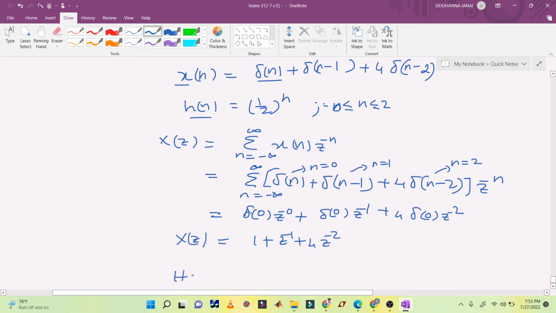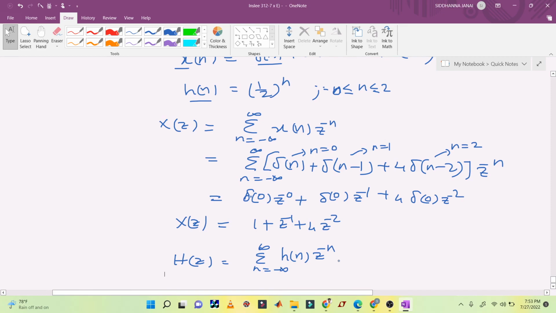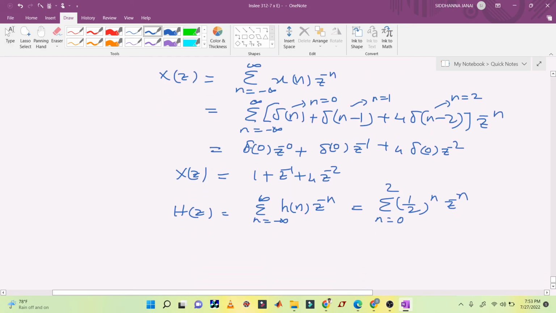Okay. Similarly, h of z is equal to summation n is equal to minus infinity to plus infinity h of n z to the power minus n. So the limit of h of n is here 0 to 2. So let me write n is equal to 0 to 2, 1 by 2 to the power n z power minus n. This is the value. Now I have to substitute n is equal to 0, 1 and 2 only.